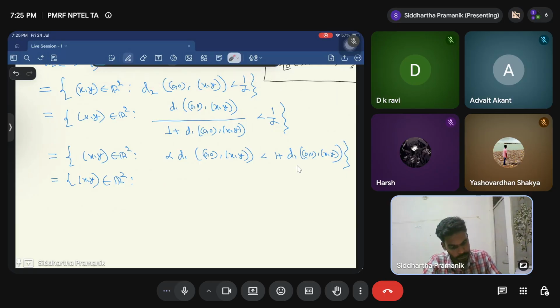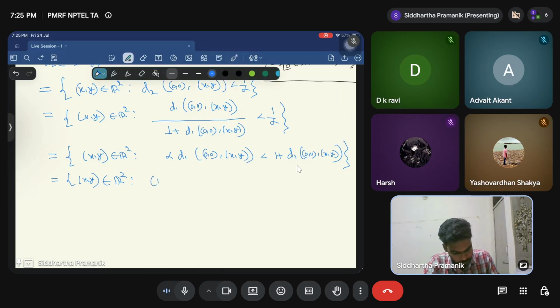Let's take this to the left-hand side. Then we get alpha minus 1 times d1((0, 0), (x, y)) is less than 1.